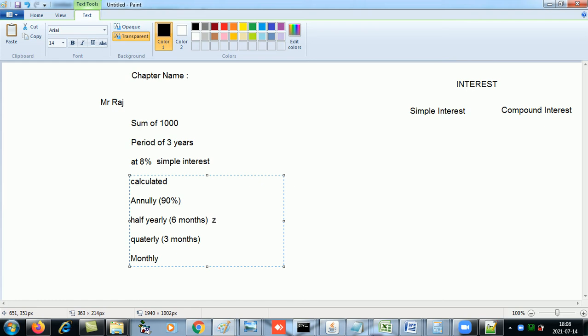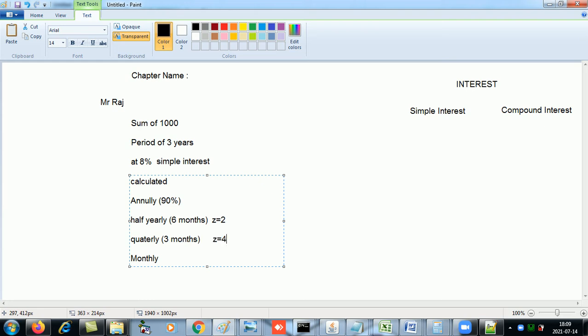So z here is 2, since there are 2 half yearlies in a year. If the interest is calculated quarterly, after every 3 months, there are 4 quarters in a year, so the value of z will be 4.